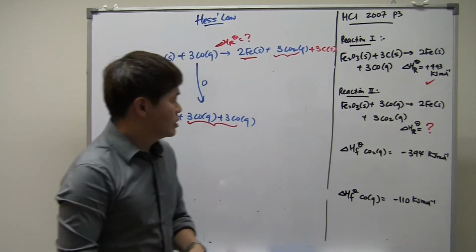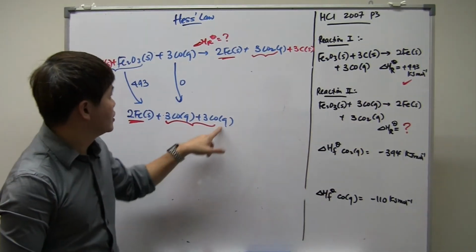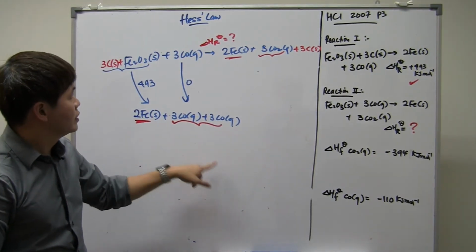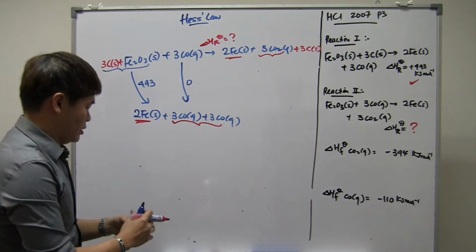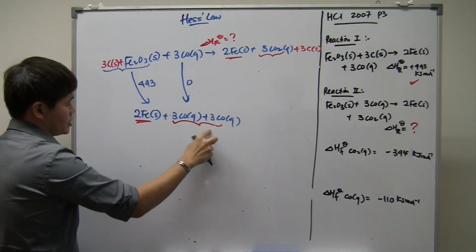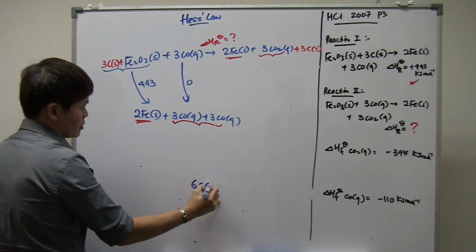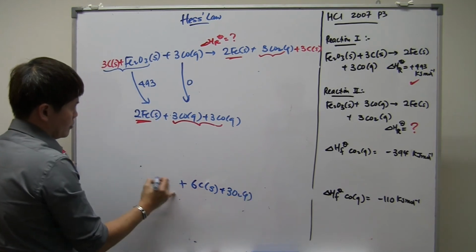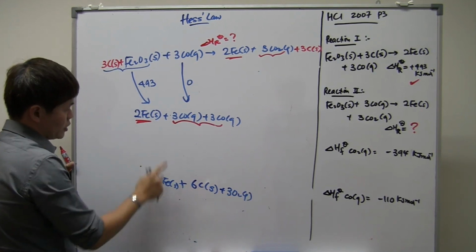This is used. We need to use these two pieces of information to link these two up together. So what we can do is change all this into carbon and oxygen, then change that back into CO2 again, right? So we can change this into these elements, 6 carbons and 3 oxygen, 2 Fe.